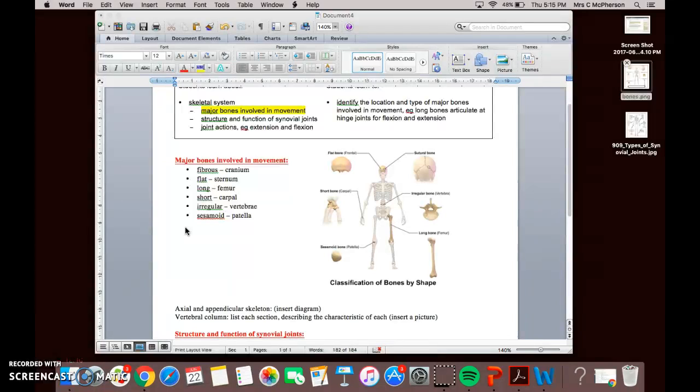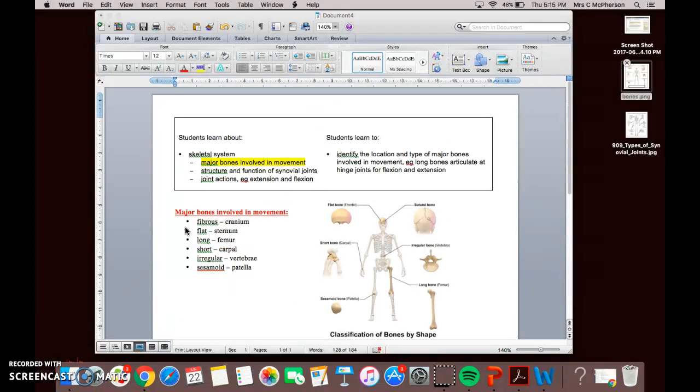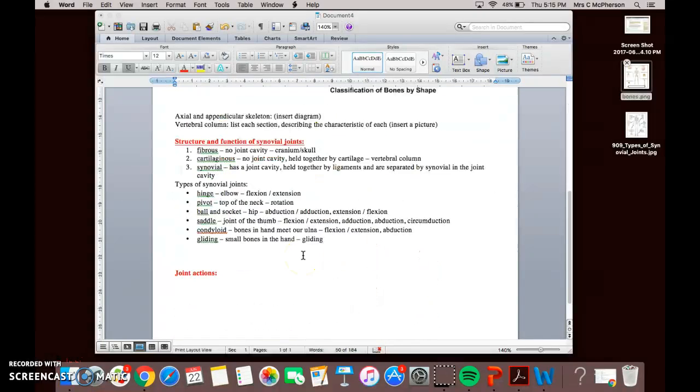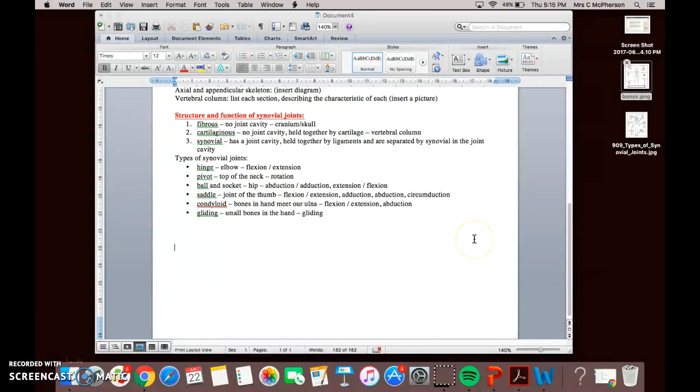Okay, so here I've actually gone through and kind of done these two in one go. Ugh, that kills my OCD, but we'll just have to move on. Okay, so identify the location and type of major bones. For example, I'm quickly running out of time on my recording, so I'm not going to do that. I did actually, nerd alert, have another picture here to put in.